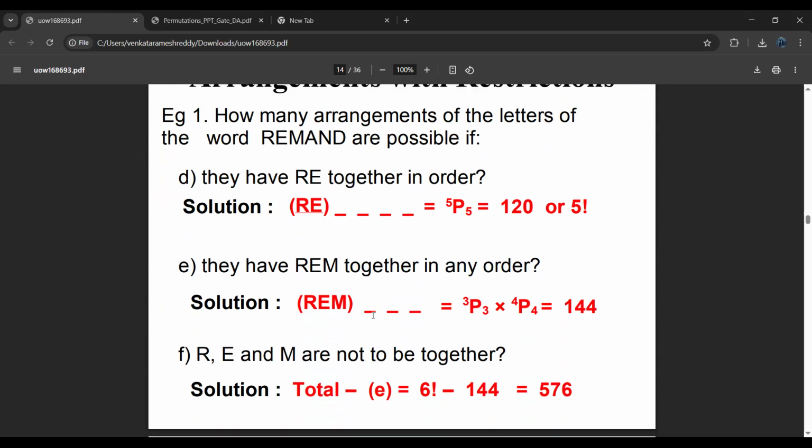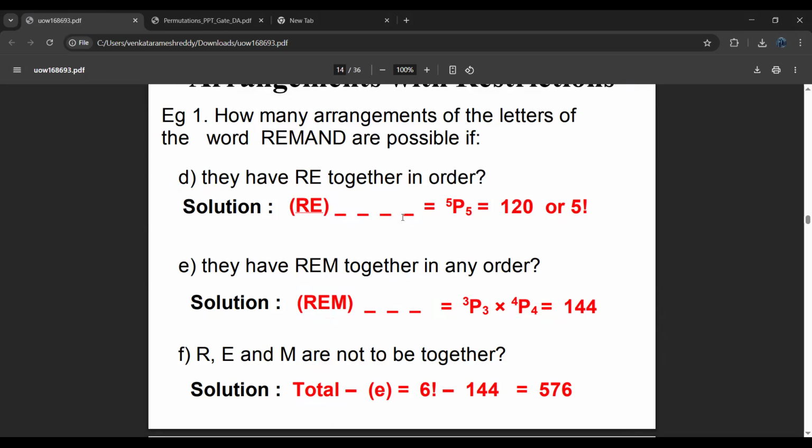Next one. How many arrangements of the letters of the word REMAIN are possible if they have RE together in order? RE are together, so you have to combine them, and they are in order. So fill those positions with RE as a single unit and consider it as one position. Next, how many are there? 4. 1 plus 4, 5.